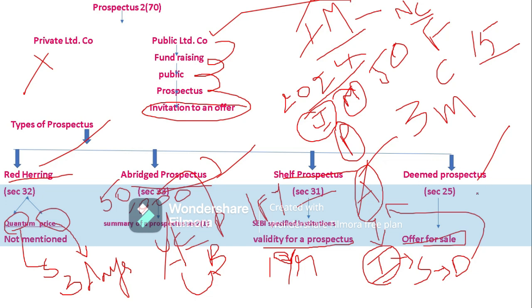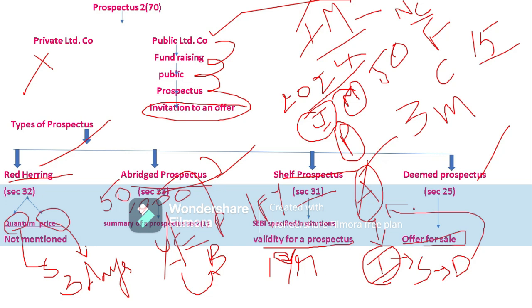So this is a deemed prospectus: even though a third party is involved, and company A has not directly issued its securities to the public, the shares will be treated as company A's shares only.